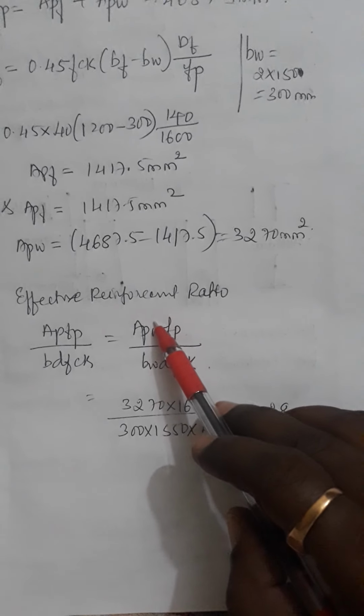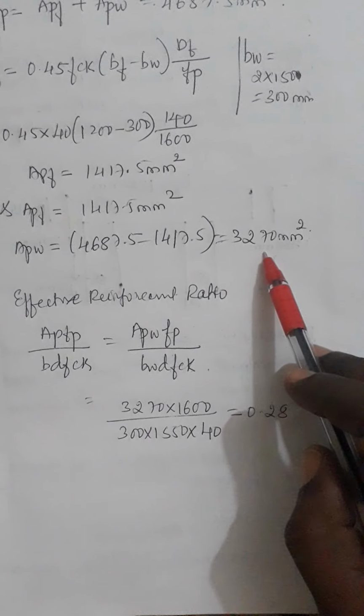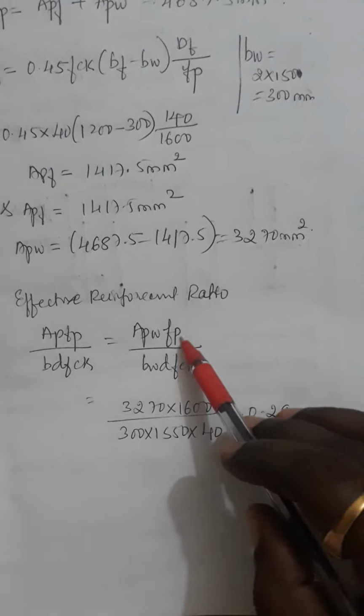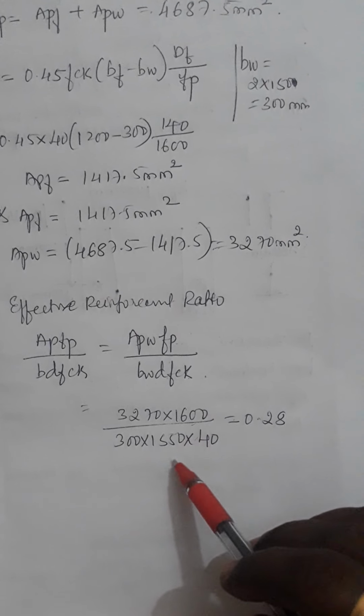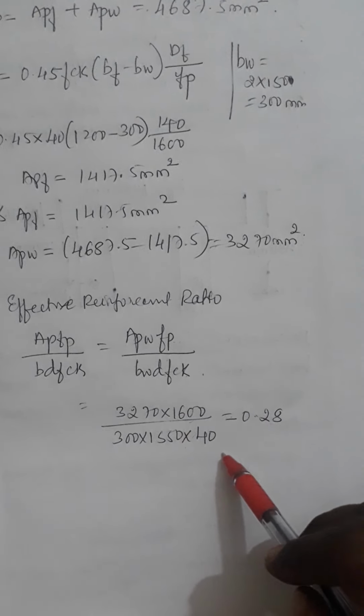So we got APW equal to how much? 3270, FP is 1600, divided by breadth of the web 300, then effective depth is 1550, into FCK equal to 40. So it comes to about 0.28.